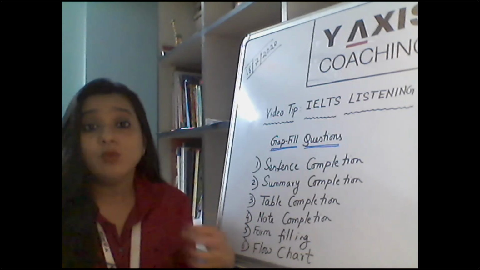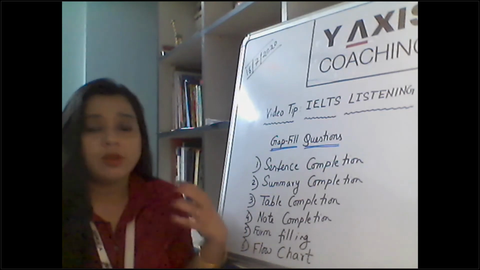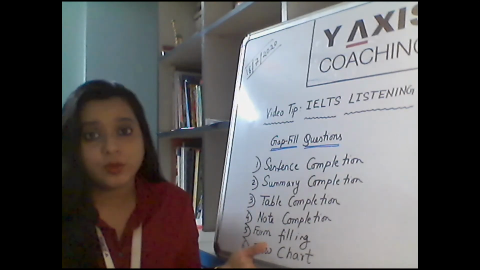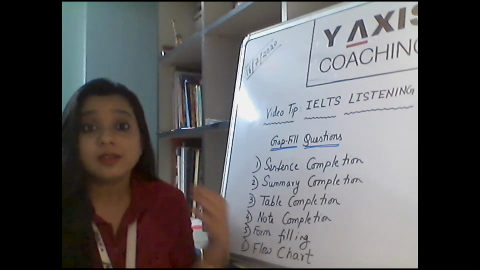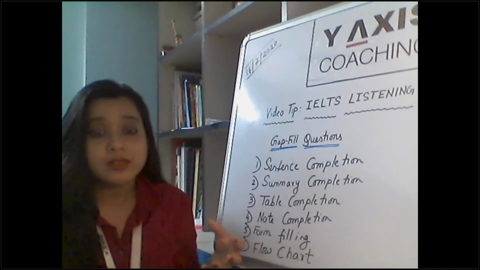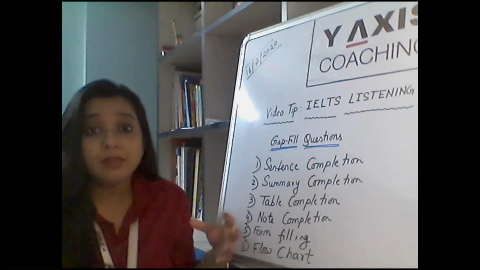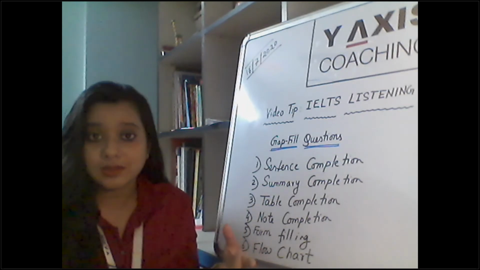When they say no more than two words, your answer will have one word, at the most two words. It cannot have more than two words. And if the task says complete the sentence or summary using no more than three words, your correct answer can have one word, two words, at the most three words. It cannot have four words.